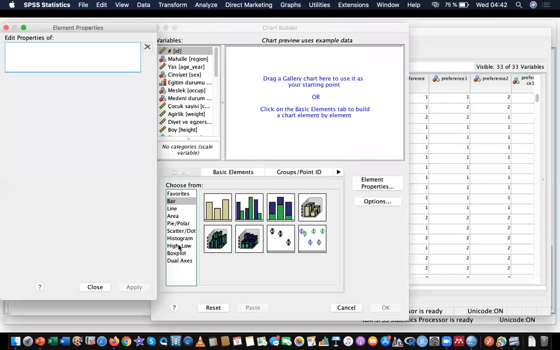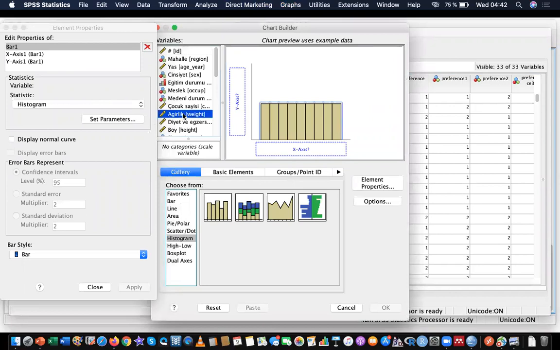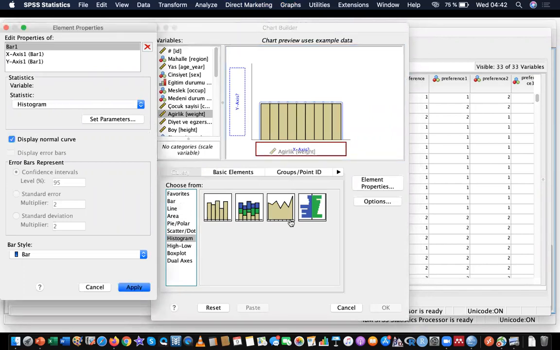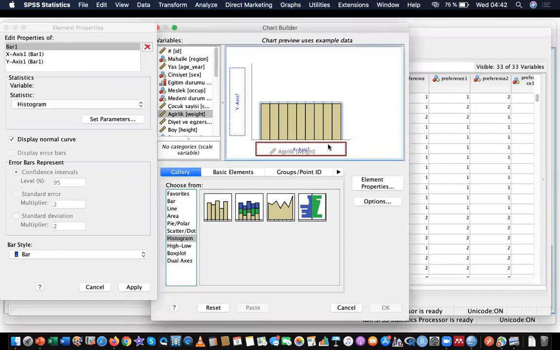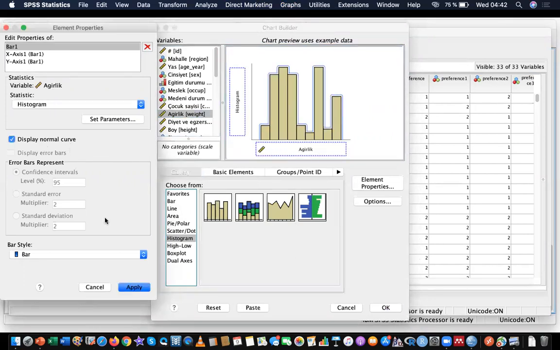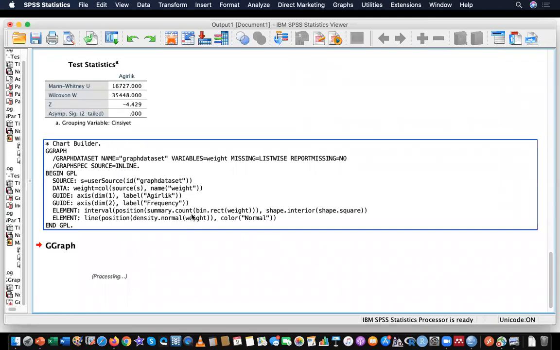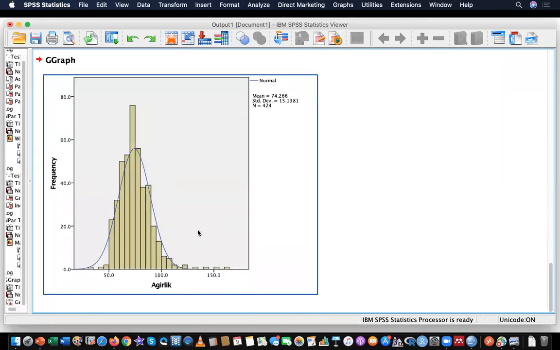I can perform a histogram here, and display normal curve. Click OK.